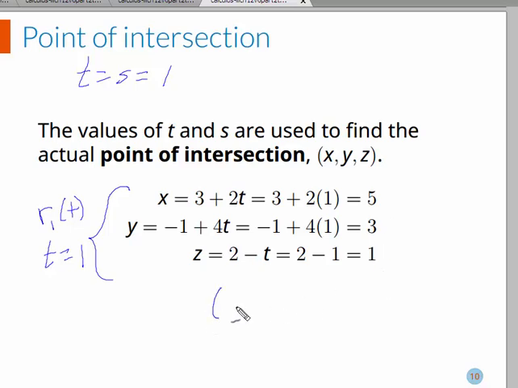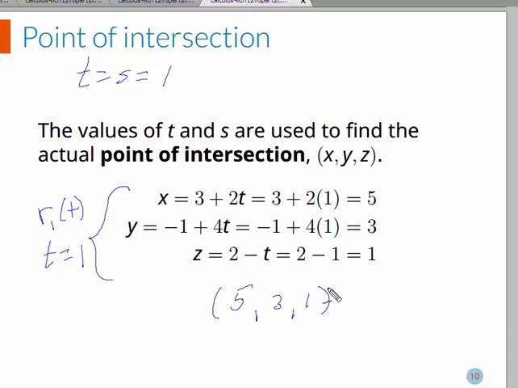That's the point where the lines intersect. I could just as well have used the second equation with S equals 1, which doesn't give a good contrasting example since they're both the same, but we would have had the same point.